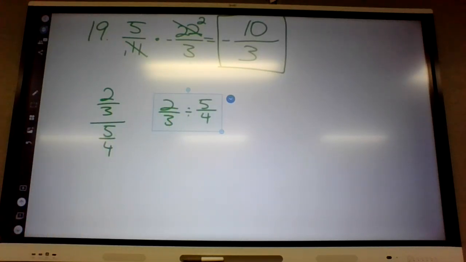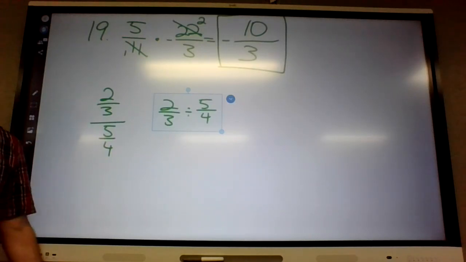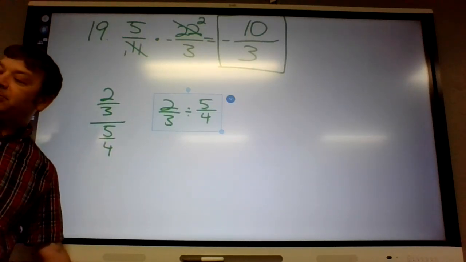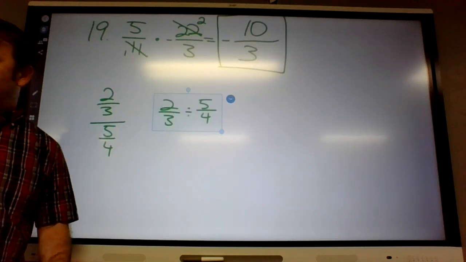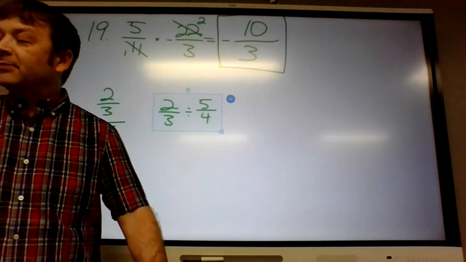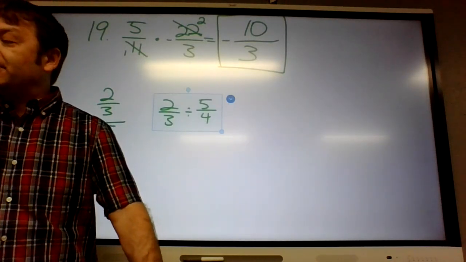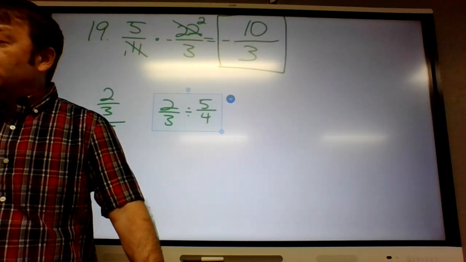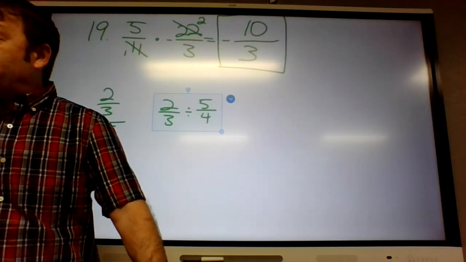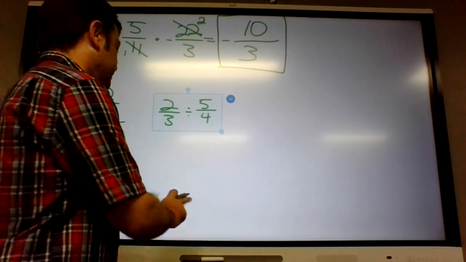Alright, let's jump to 29, I guess, the last part, the word part. So 29 through 33, you're supposed to interpret what they mean and solve them, just like we've done the past 3 days. 81 divided by the opposite of 3, that would be what? -3.